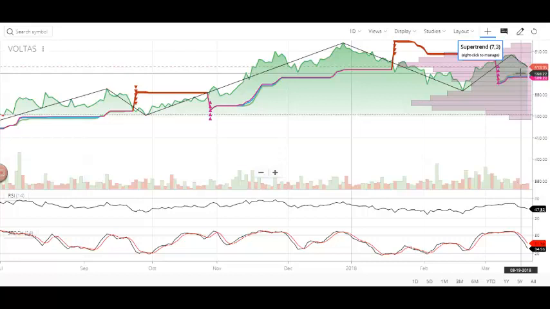Then once the stock bounces back, they can reap the profits. So this is the analysis for the day chart.